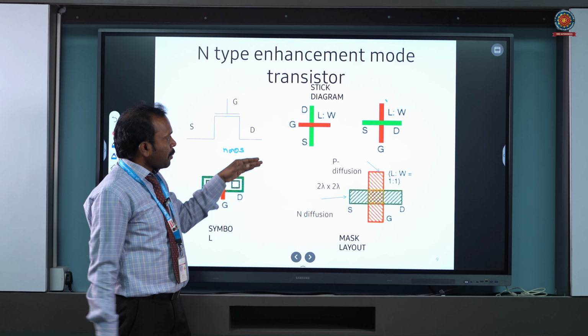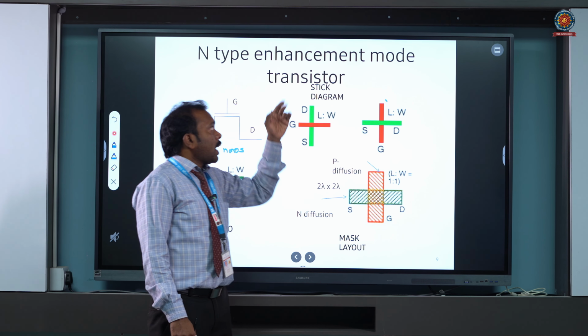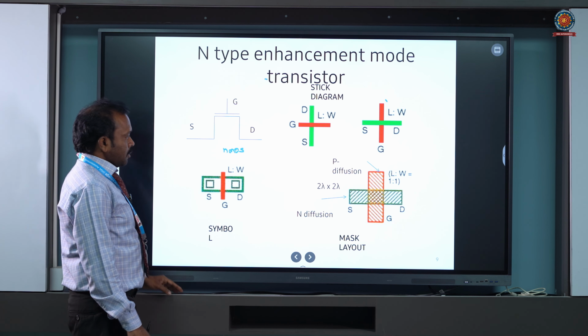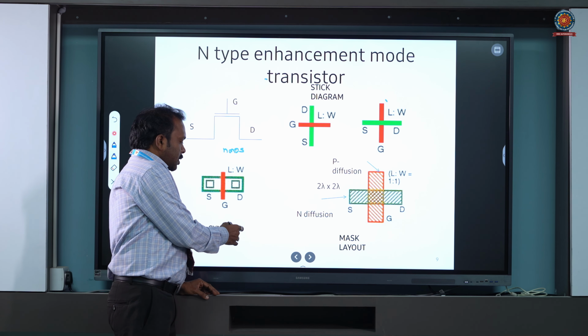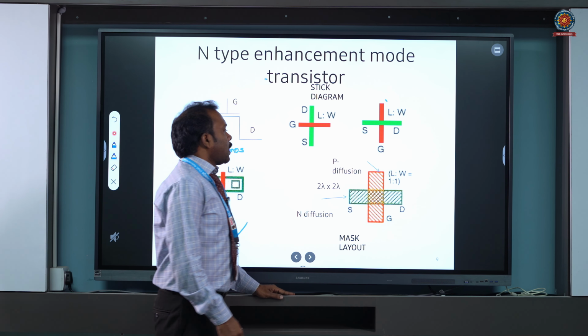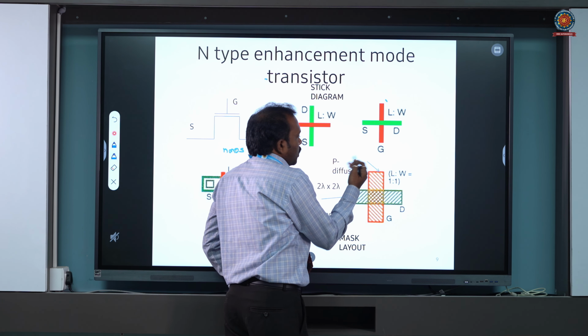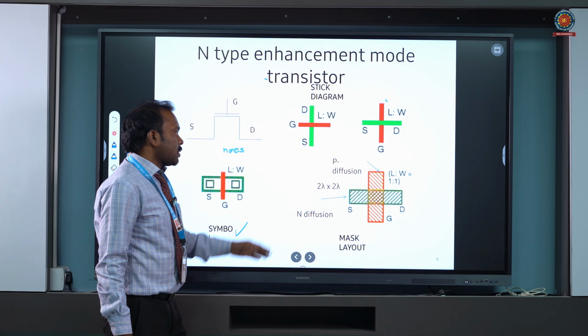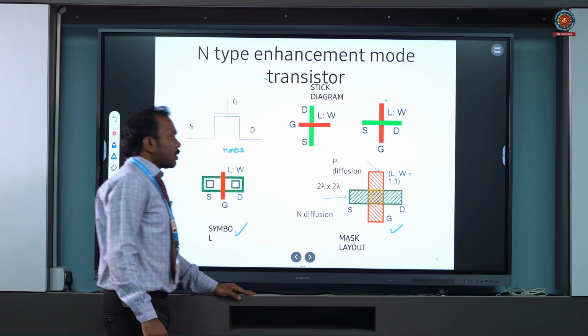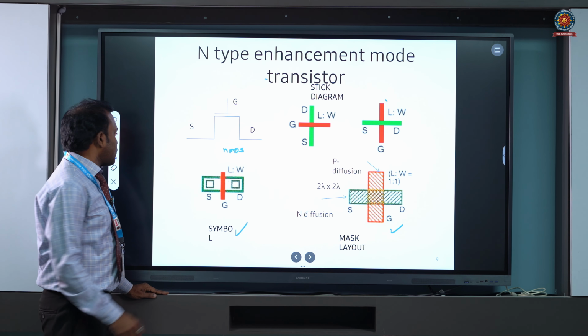When these two overlap, the transistor will be formed, and that type of transistor is nothing but your N type enhancement transistor. Next is the symbolic representation, and this is a mask layout similar to your stick diagram. The red over green or green over red, with the slant lines in the rectangular box shown here, is the notation used in layout designs.